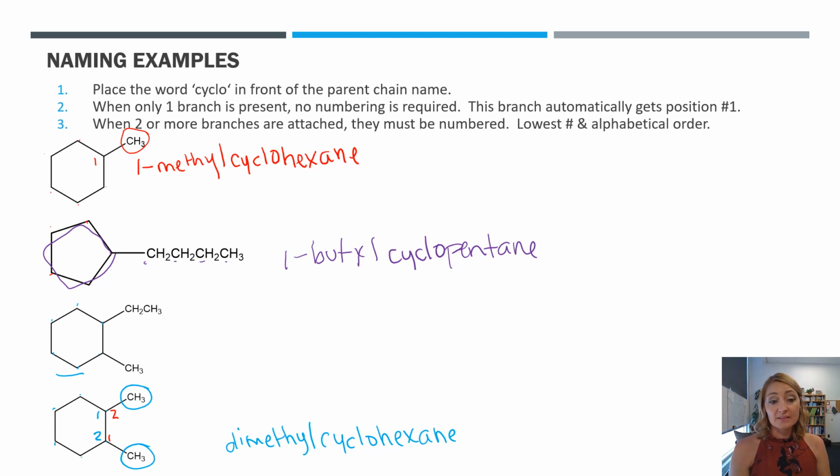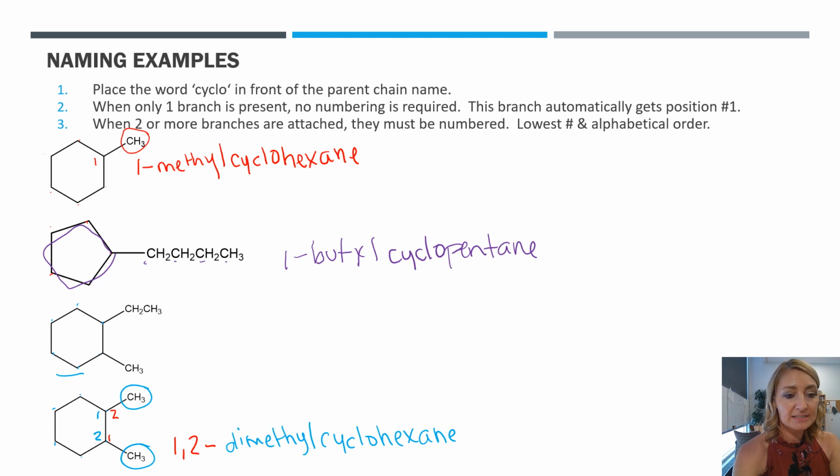So in this case, it doesn't matter which one gets a 1 or which gets a 2 because they're both methyl. But it is important in your name to say 1, 2. Give me the carbon number for both branches. 1,2-dimethylcyclohexane. All right, skipping back up, let's look at this example.